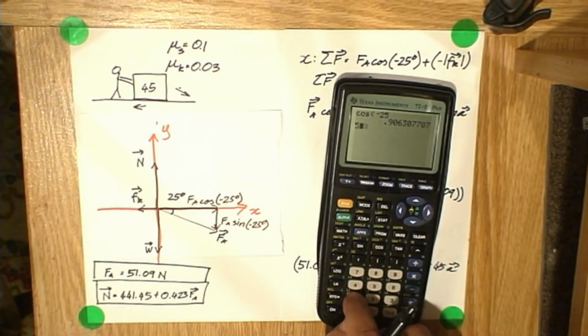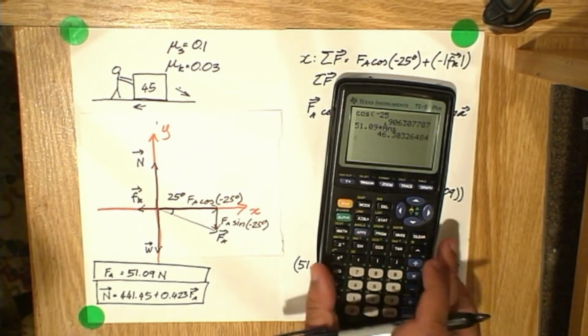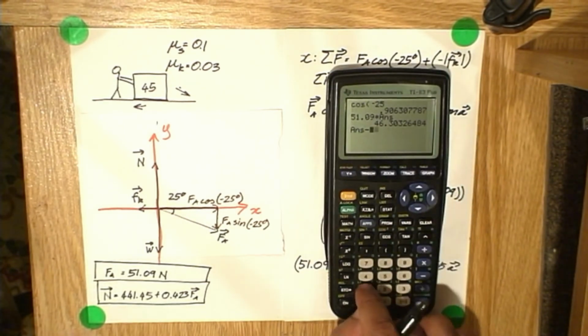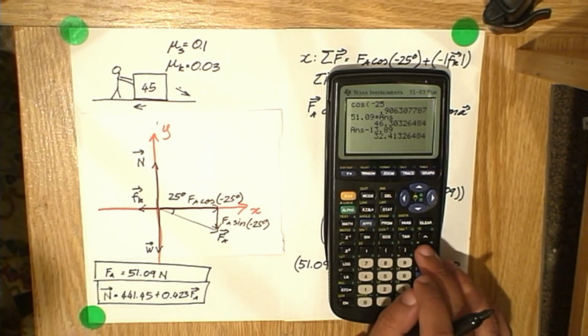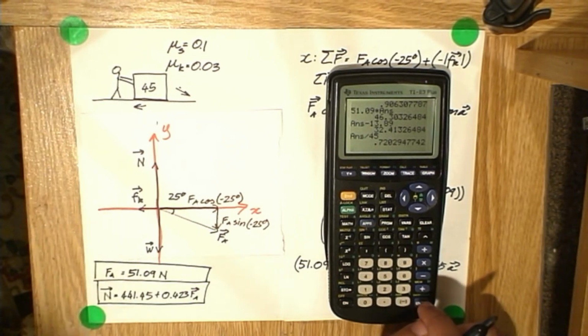So 51.09 multiplied by 0.906, and then subtract 13.89 for the friction, we get 32.41. And then divide by 45 for the mass, we get 0.72 meters per second squared.